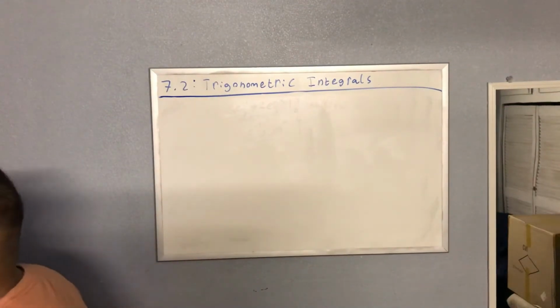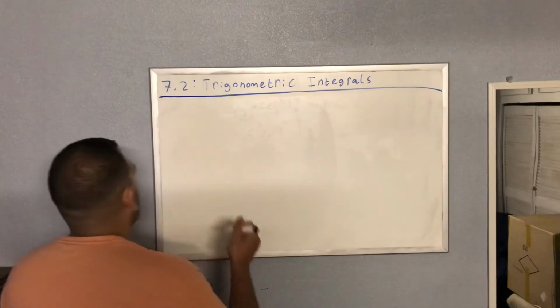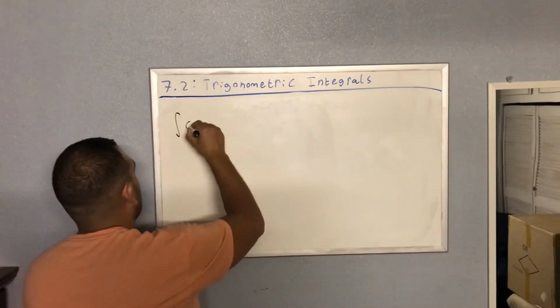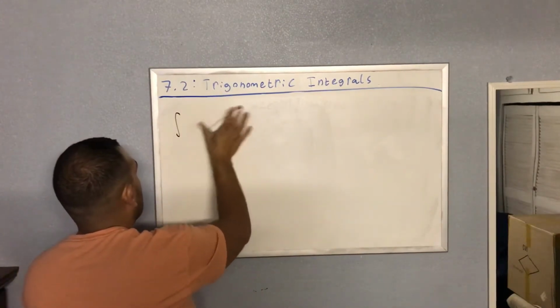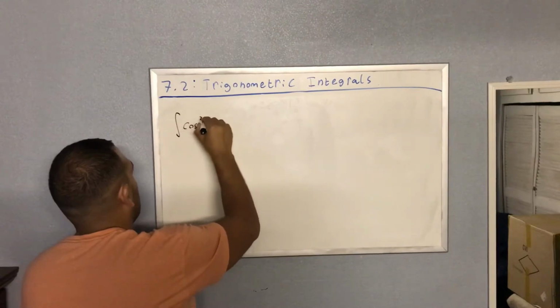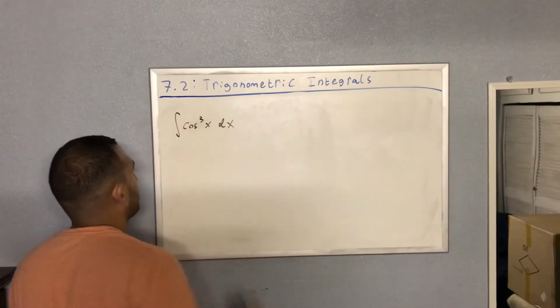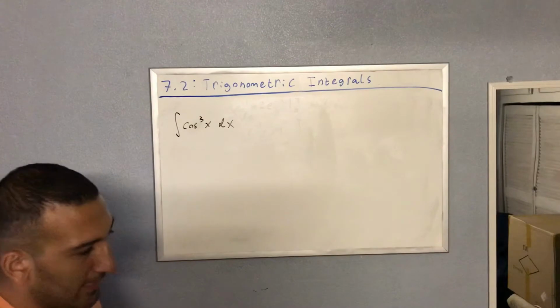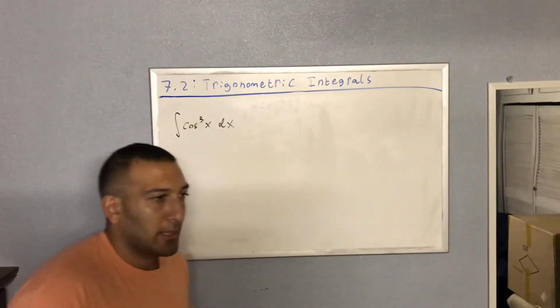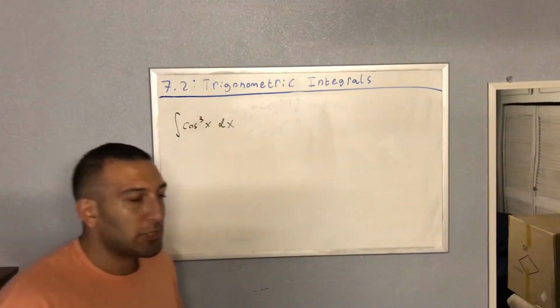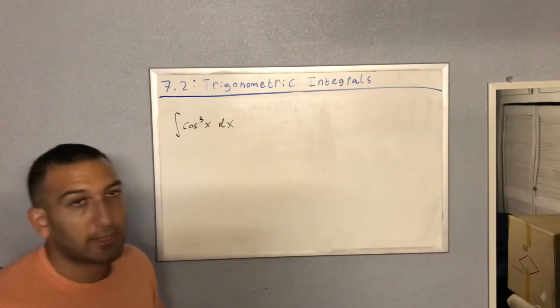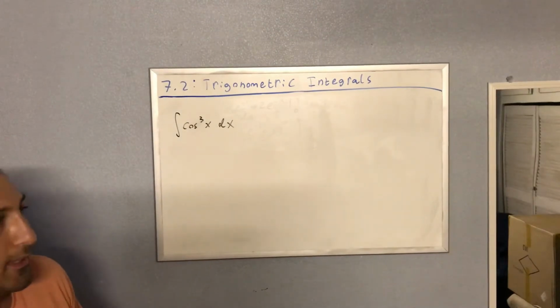So we'll start off with just an example to show us what's going on. Say we want to know the integral of cosine cubed x. At the moment we can think we only know the integral of just cosine.